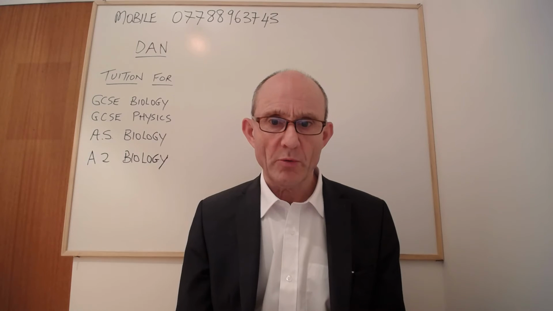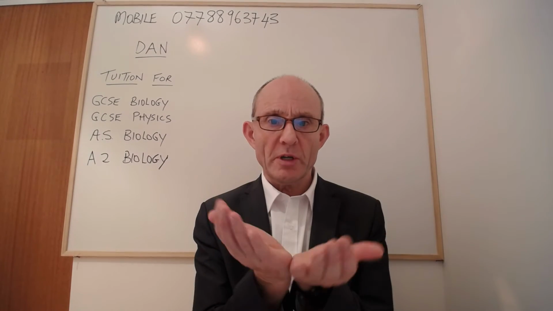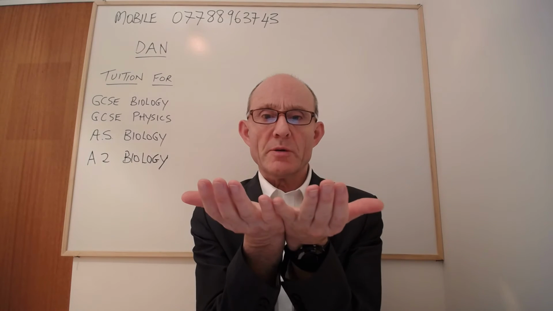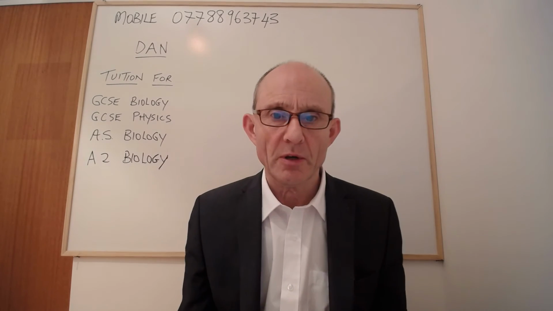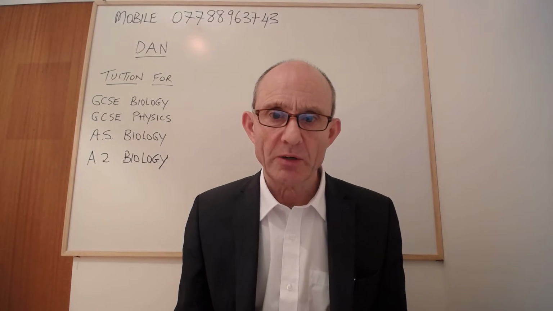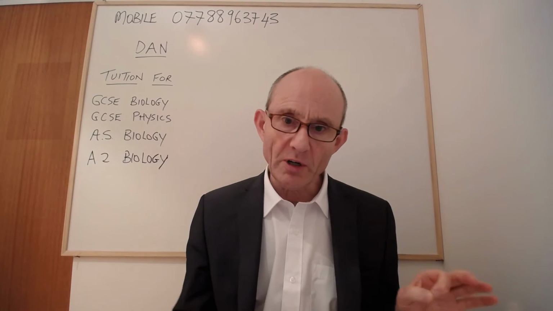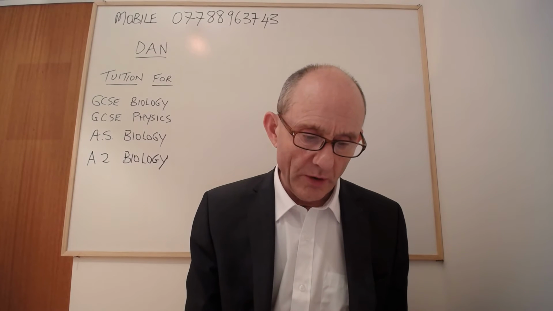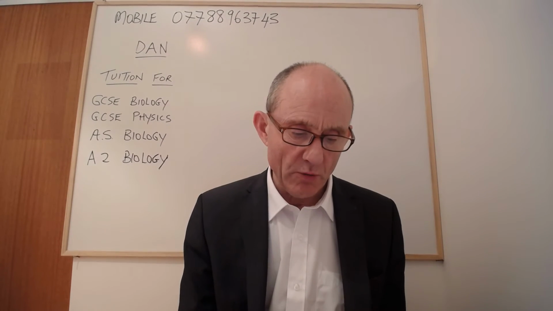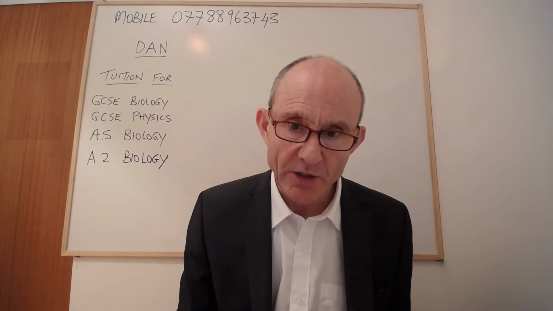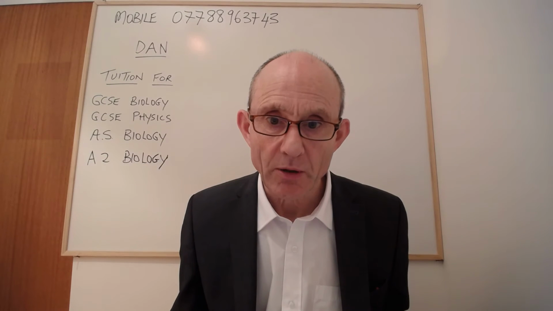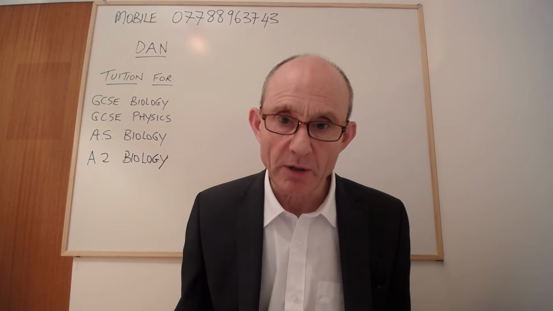This is where the word antenna complex comes from, the idea that the photosystem is like a satellite dish or an aerial that collects. In this case, the photosystem is collecting light energy and funneling it through all the accessory pigment molecules to one single pigment molecule in the reaction center. If you want to write on the reaction center: primary pigment, chlorophyll A molecule.